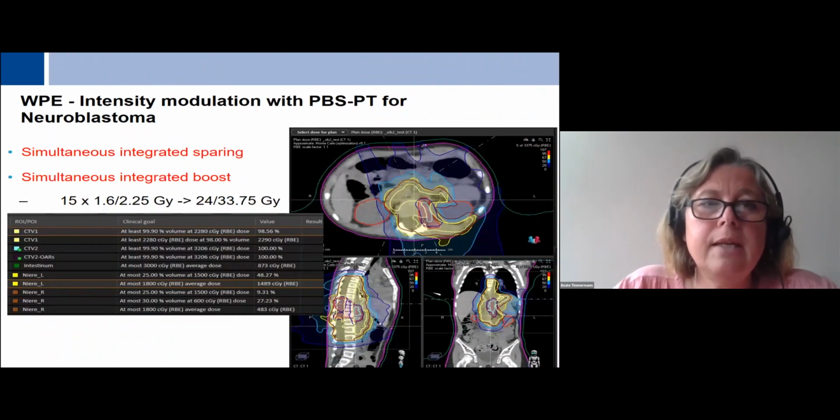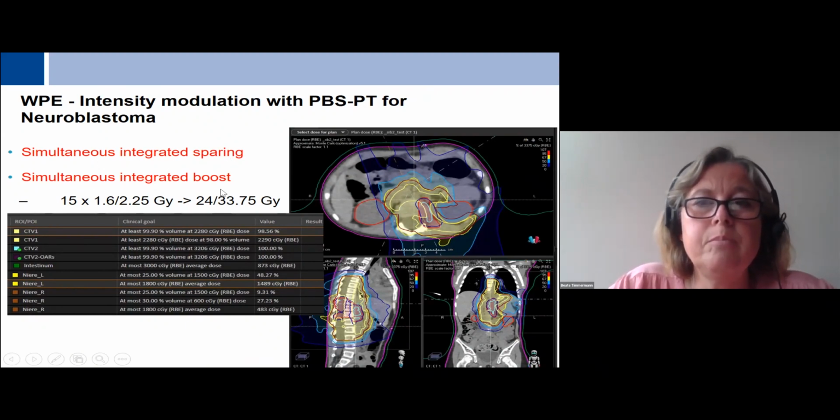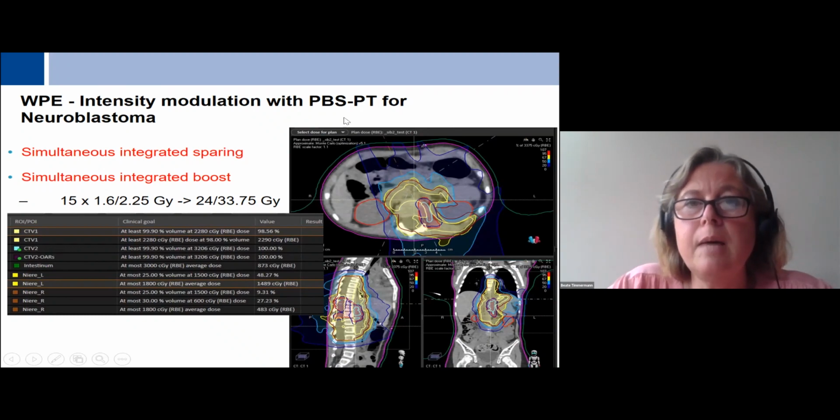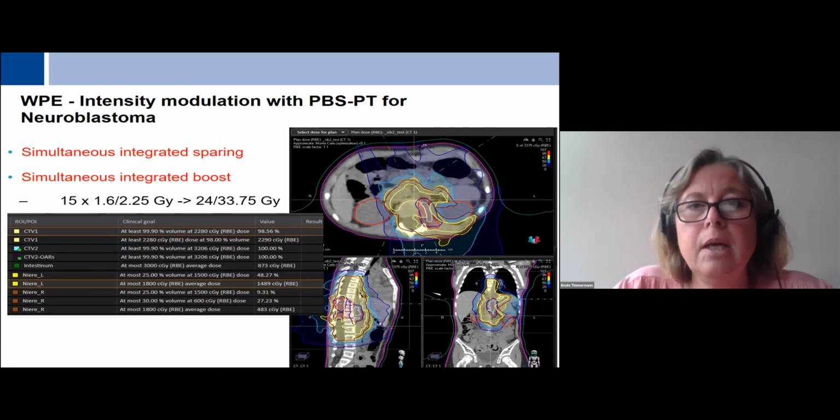What is also nice is that with modern pencil beam scanning proton therapy, we can do intensity modulation being used for simultaneous integrated sparing, which we do routinely, and what we could also do are simultaneous integrated boost treatments. This is one example for a neuroblastoma. However, within Europe, we have agreed that we don't use it in the upcoming new SIOP 2 trial.